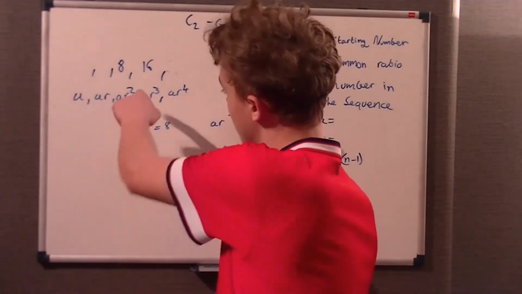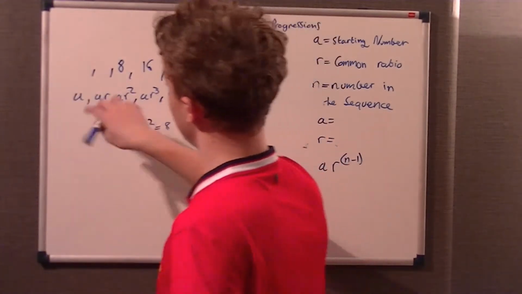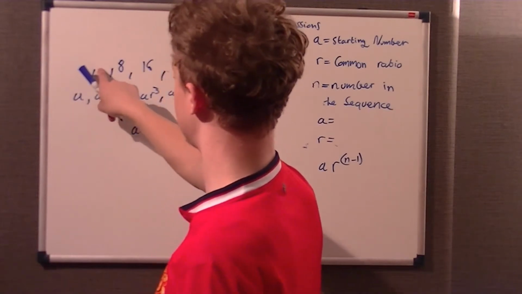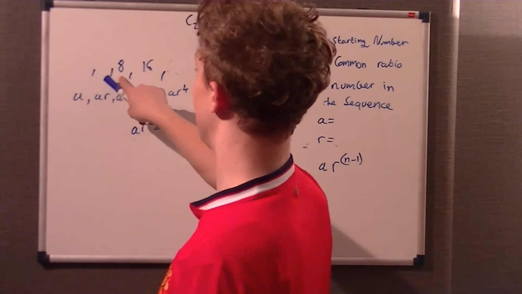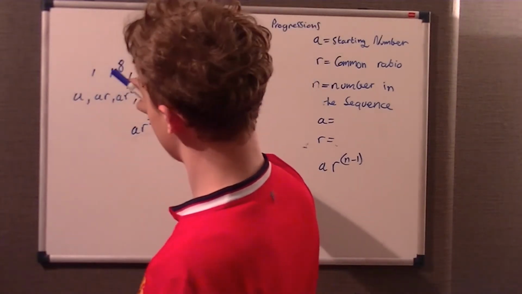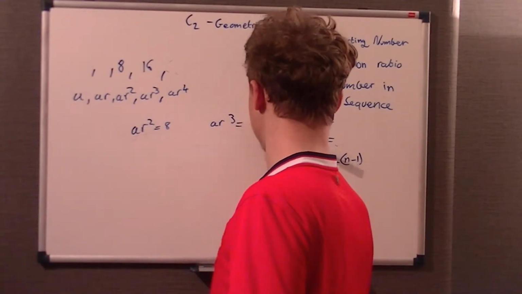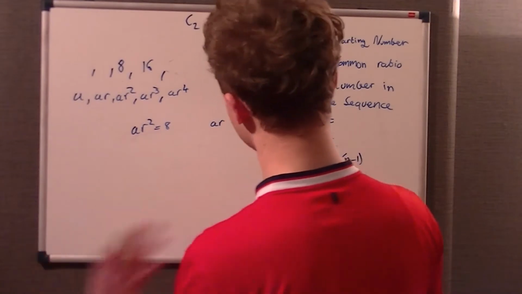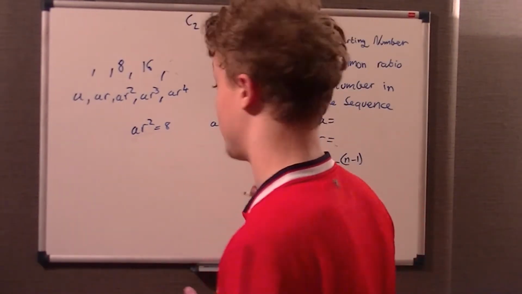So we know ar squared, which is 2, 4, 8. 8 is the third number, 16 is the fourth number, so ar cubed equals 16. Actually, we could have done it the other way around. Sorry, my brain's in a mess.